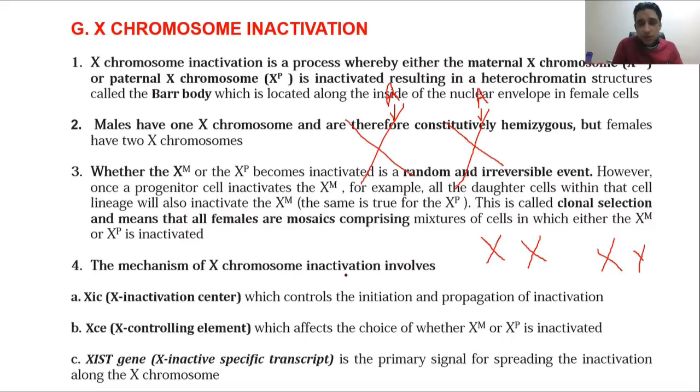So it is not always possible, because they are different, that if a gene called B is present here, that same gene will be present on the Y chromosome. It is not there.